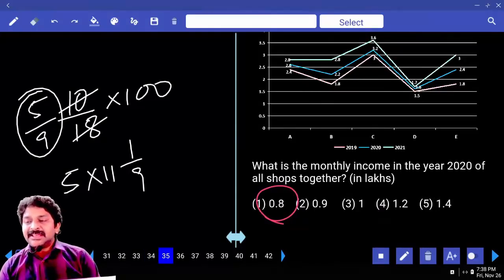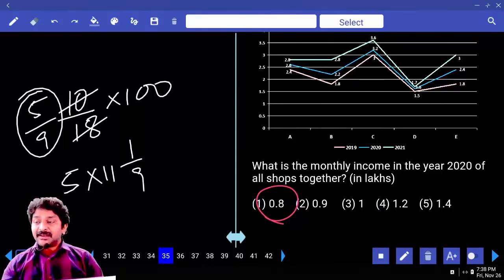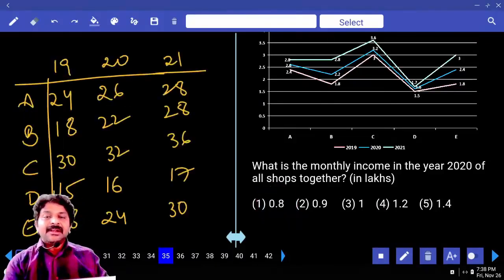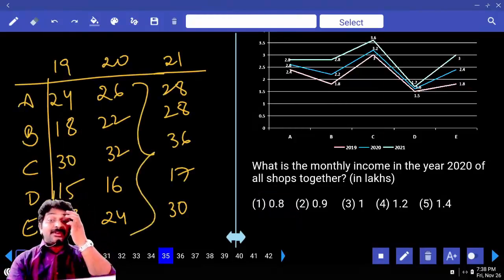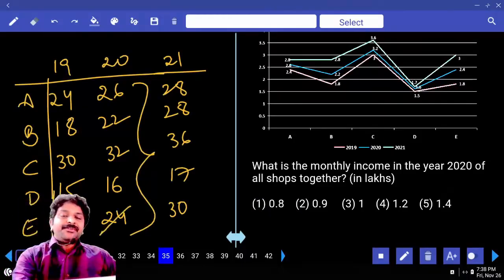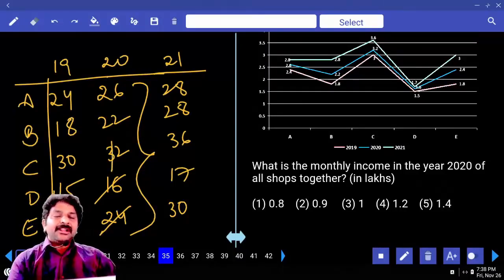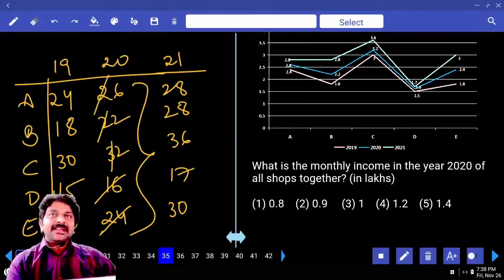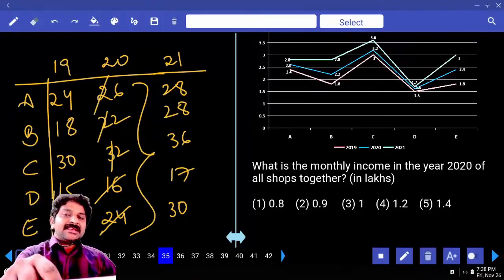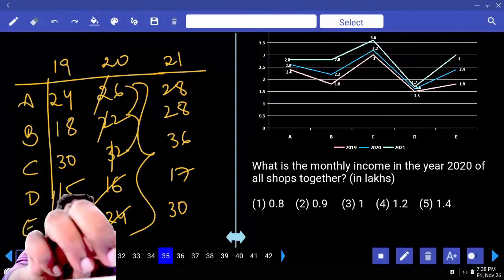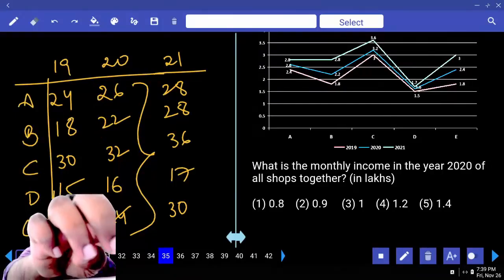What is the monthly income in the year 2020 of all shops together? 2020, you need to add all the values only: 24, 16, 30, 40, 30, 70, 20, 90, 20, 110. The rest of the numbers 6 plus 2 plus 2, 10. Total 120.